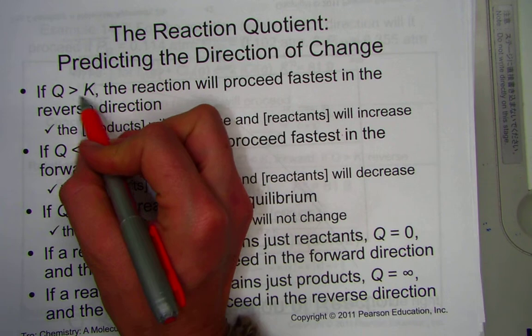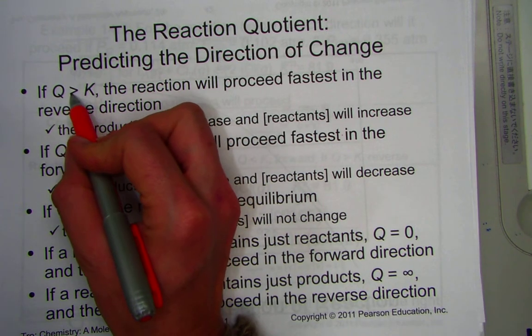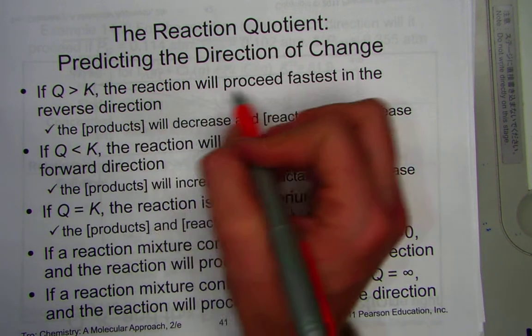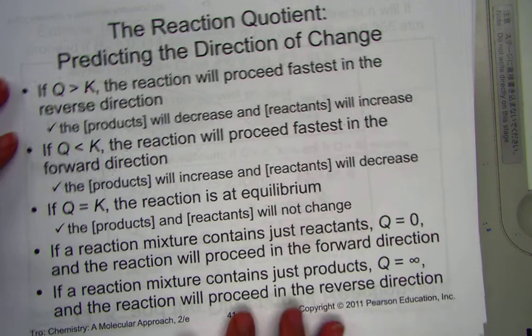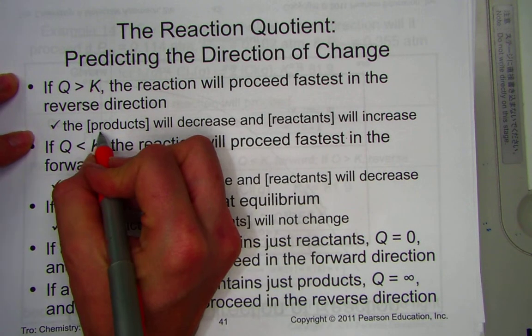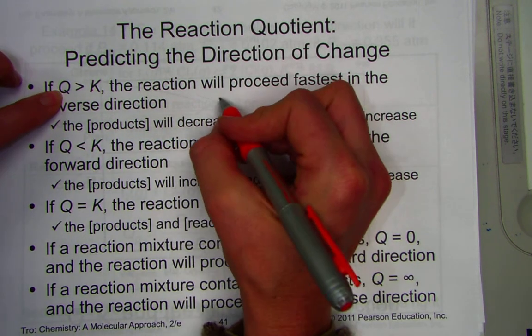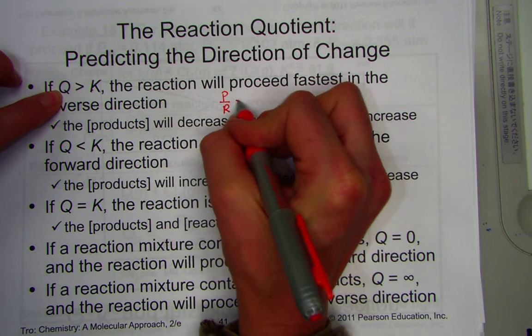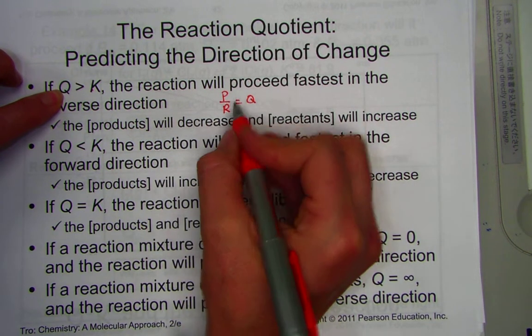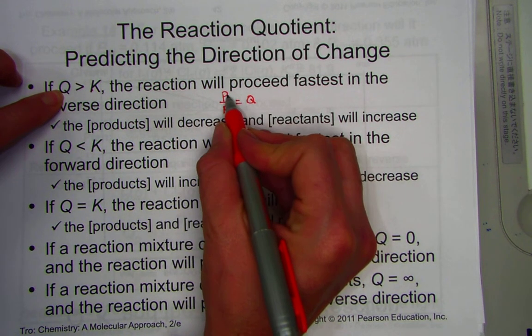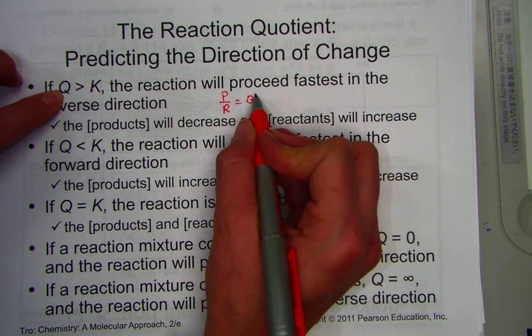If Q is larger than K, the reaction will proceed fastest in the reverse direction. We want to eliminate products. Think about this: products over reactants. If the number is too big, we have too much product. We better head to the left, get rid of some of it.